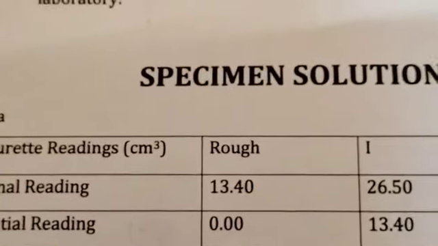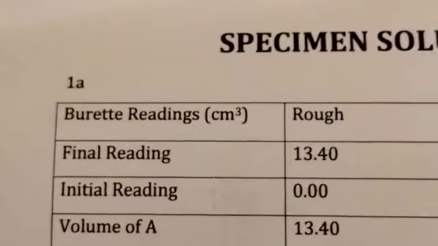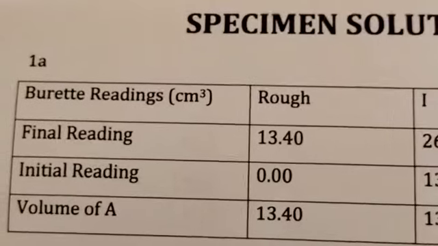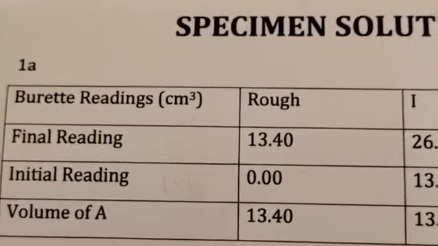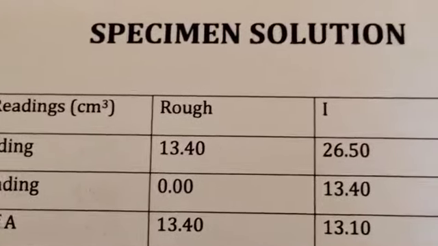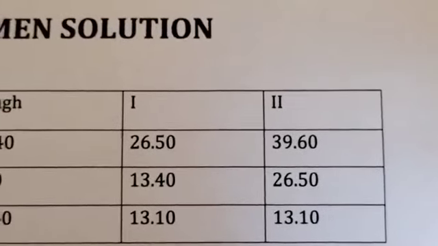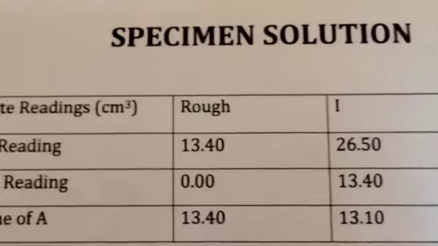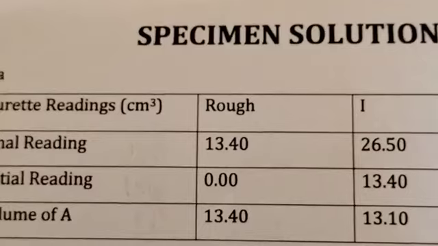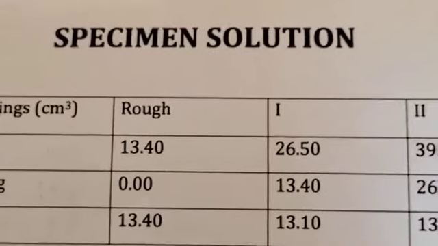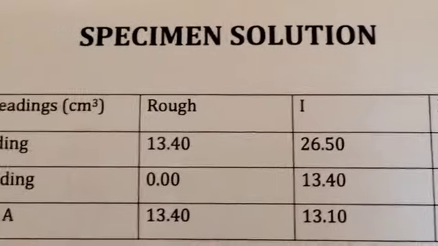So this is the specimen table we have here, a sample for that titration. Burette readings, cm³, must be there. Rough, 1, 2. You can still do it 3 times or only 2 times. Final reading: under rough 13.40, under first 26.50, second 39.60.